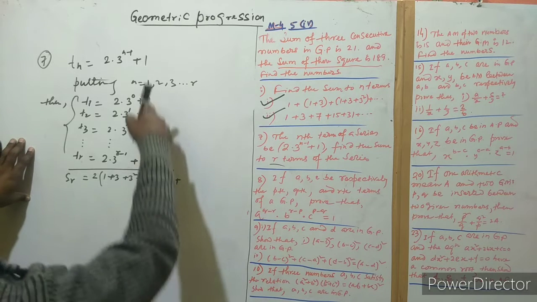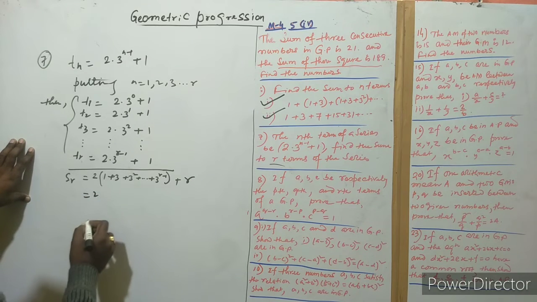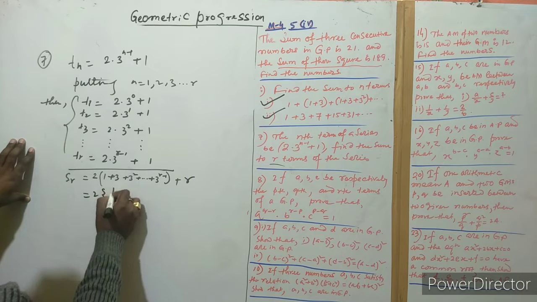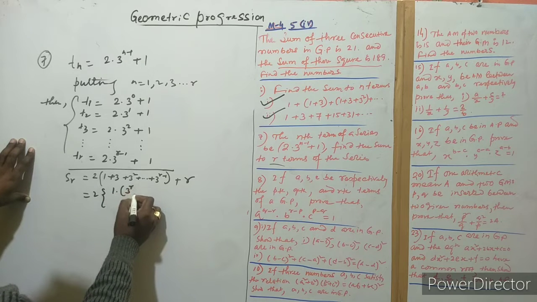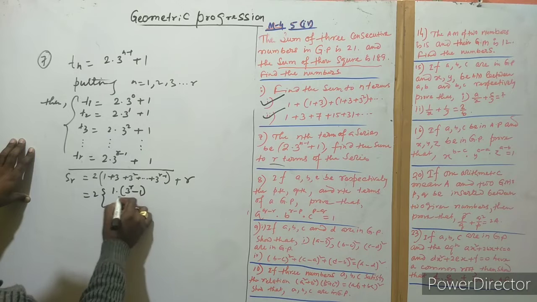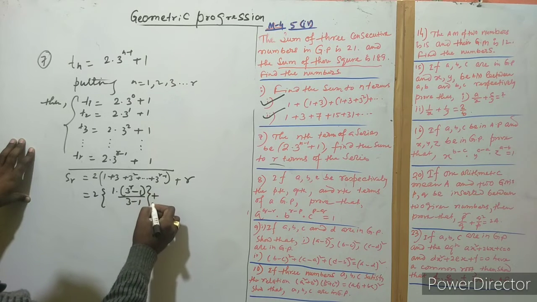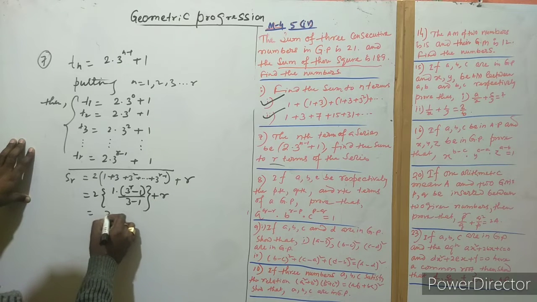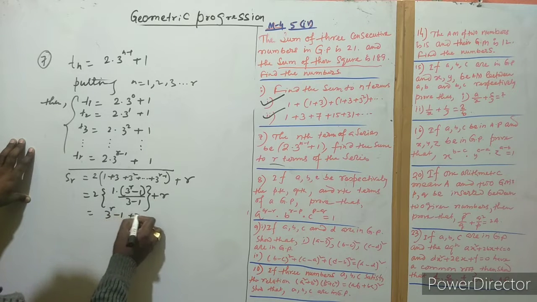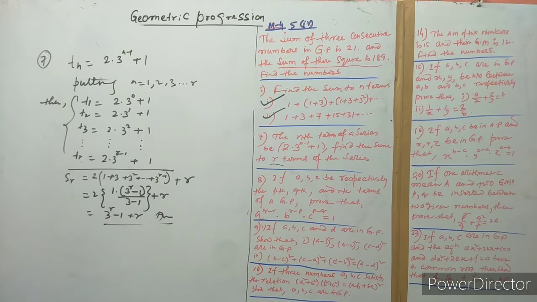The sum of the 1s gives us r, because the number of terms here is r. The first term here is 1, and the ratio is 3, and the number of terms is r, so that's why you can write like that. And now see, 2 are cancelled, and we get 3 to the power r minus 1 plus r. So this is the solution of 7.